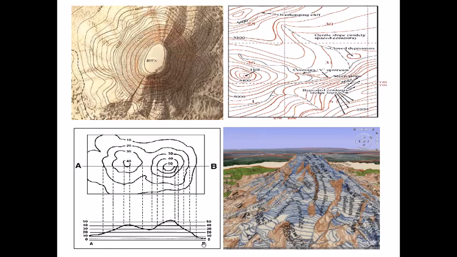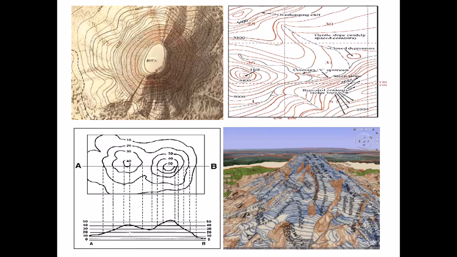In a contour map, in addition to these lines, it is important to show the reduced levels. The values you see along every line show the reduced levels. This means every point on this loop has a reduced level of 50. Similarly, every point on this line has a reduced level of 10, and hence we have two peaks, so we have two circles.